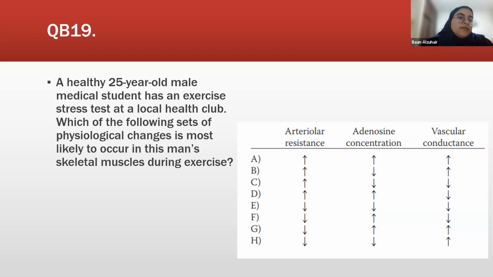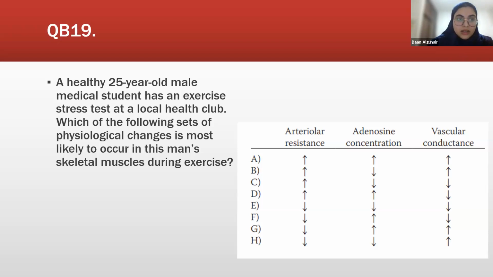This is how you should solve tables in the exam. Start with the first column. Which one is right? And then exclude the ones that do not have the first column right. Okay, so we have F and G. Vascular conductance also means blood flow, but they might confuse you with that. We vasodilate in order to increase blood flow.